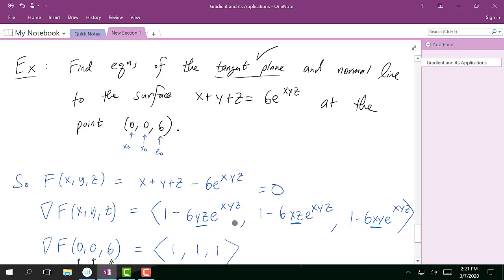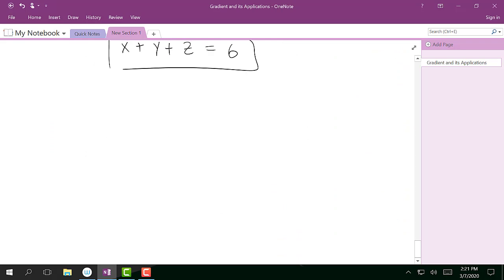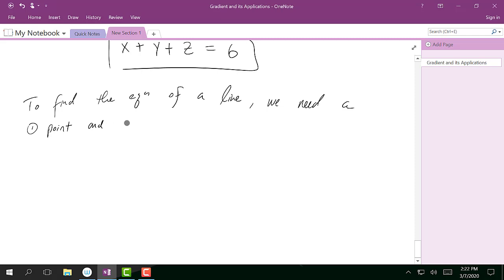Okay, now we're still up to the second part, finding the normal line. Recalling that to find the equation of a line, we need two things: one, a point on the line, and two, a direction vector.